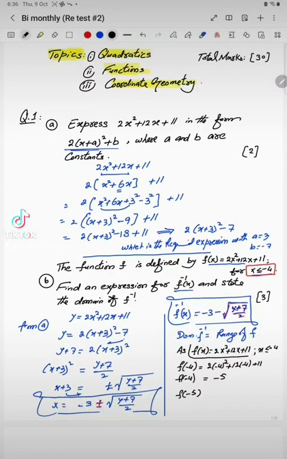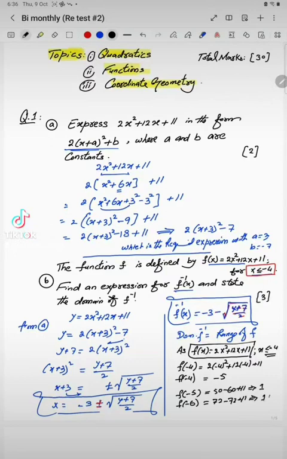If you replace x with minus 5, you will get on the calculator 25 to the 50 minus 60 plus 11, and your answer will be 1. And for f of minus 6, any value less than minus 4, I am substituting it to finalize my answer. At minus 6 it will be 72, minus 72 plus 11, it will be 11.